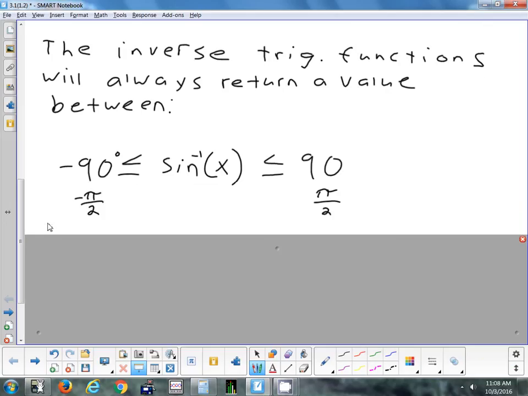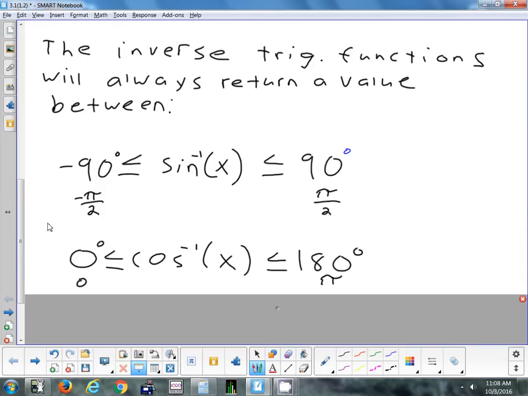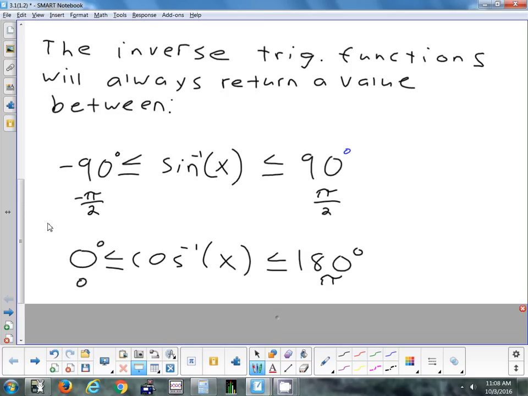If you're doing it in radians, that's negative pi over 2 to pi over 2 radians. We could play with cosine and try to investigate and see what kind of pattern we get. But it turns out if you do the same thing we just did, you're going to get answers between 0 and 180 degrees.